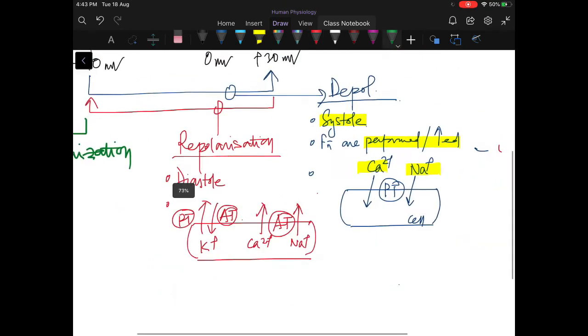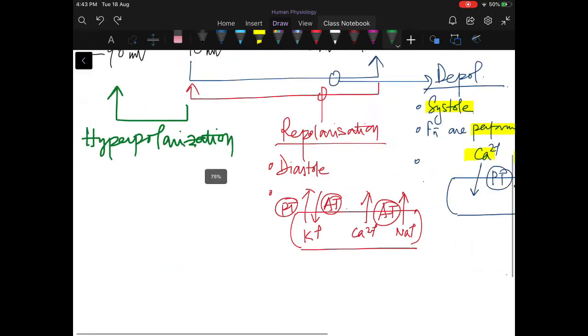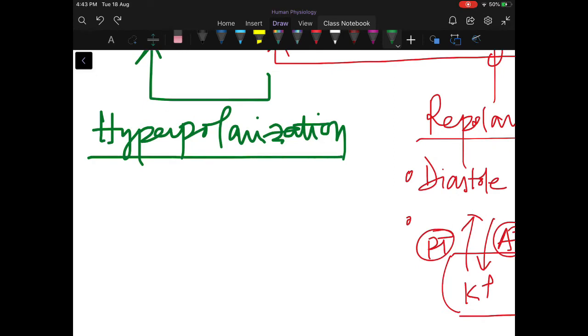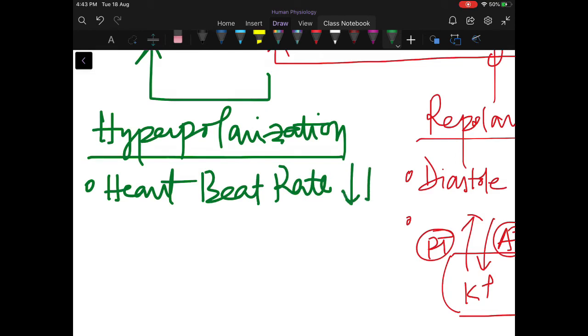Now we can go to the hyperpolarization phase. During hyperpolarization, the heart beat rate decreases. All the cellular functions become slow.